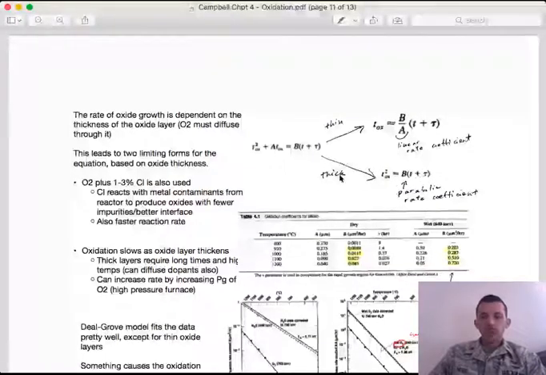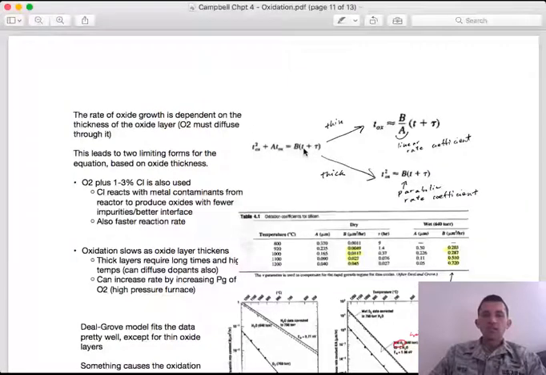So going back to this model, you can think about tau as essentially compensating for the initial oxide layer thickness that you had when you started. And you add it to your time. What you're basically saying is that at time t equals 0, it's not actually 0 because I had this initial thickness.